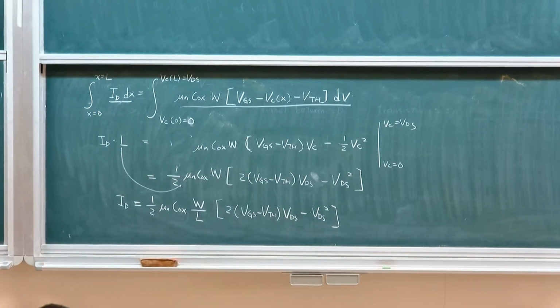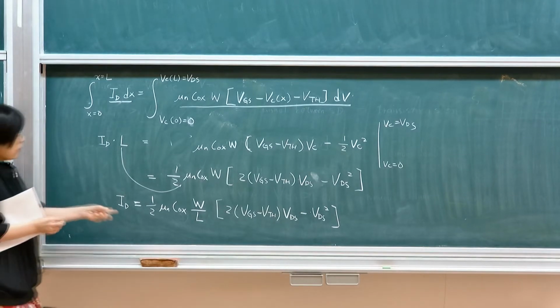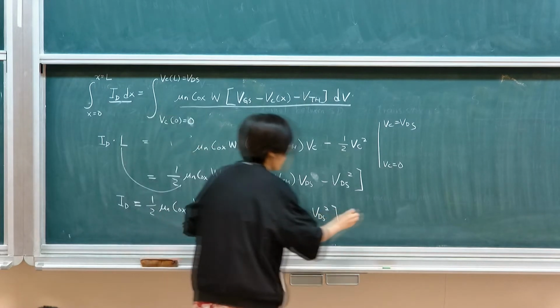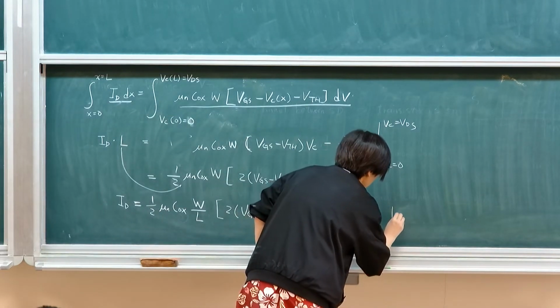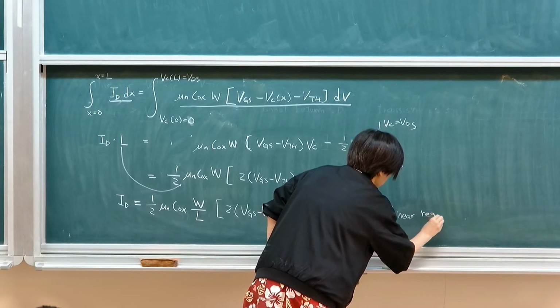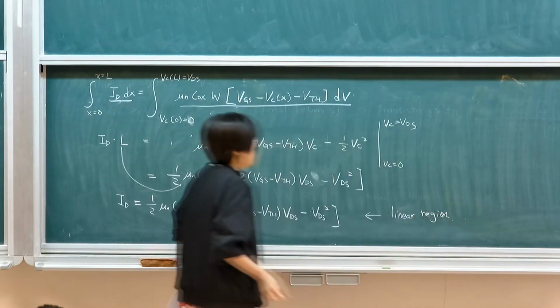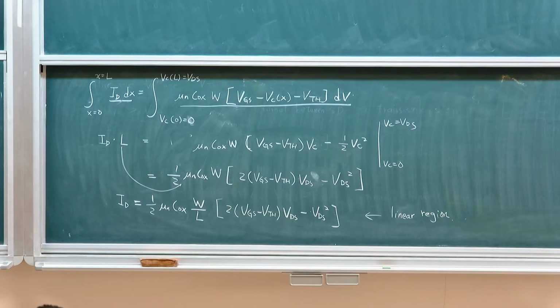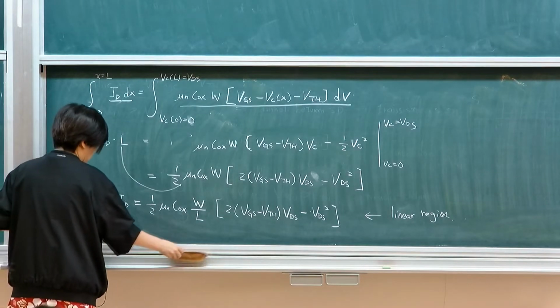So this is our final equation. And once again, this is when the device is operating in the linear region. This is the linear region device equation, the current-voltage equation.